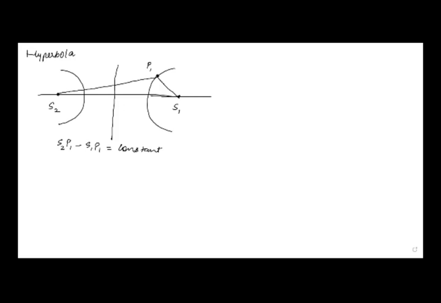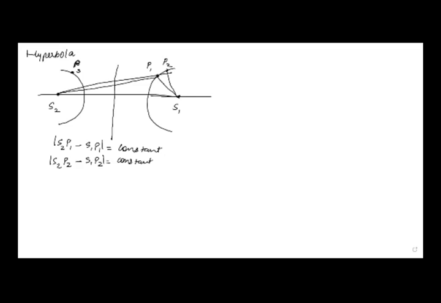Now, see, if I take another point, say P2, then here S2P2 minus S1P2 will also be the same value, and it will always be that same constant. If I take another point on this curve, say P3, you should take more points to try to understand that.